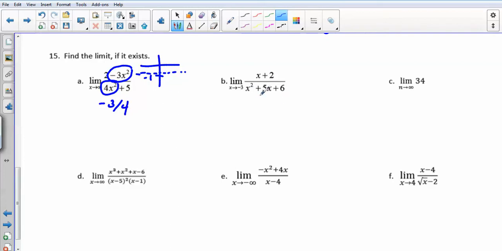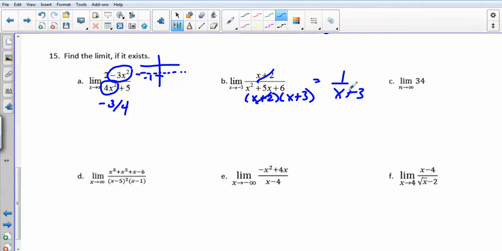In the denominator, I'm hoping that I have a hole, so I'm going to factor, and I have x plus 2, x plus 3, so those cancel, giving me just 1 over x plus 3. And if I substitute in negative 3, well, again, this is going to be undefined.